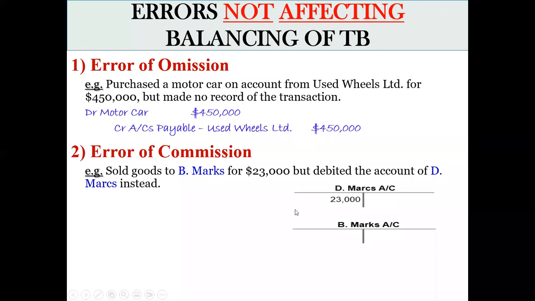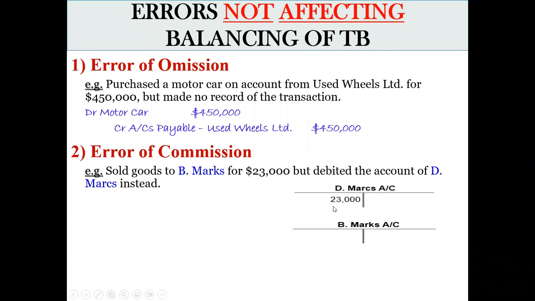I'm saying to us, what would have happened is that you made a call to B Marks where you see time going by and he's not paying you. And you say, what happened, man? You know who, me? You call D Marks, and D Marks says, no. You say, yes, man, you owe me 23,000.